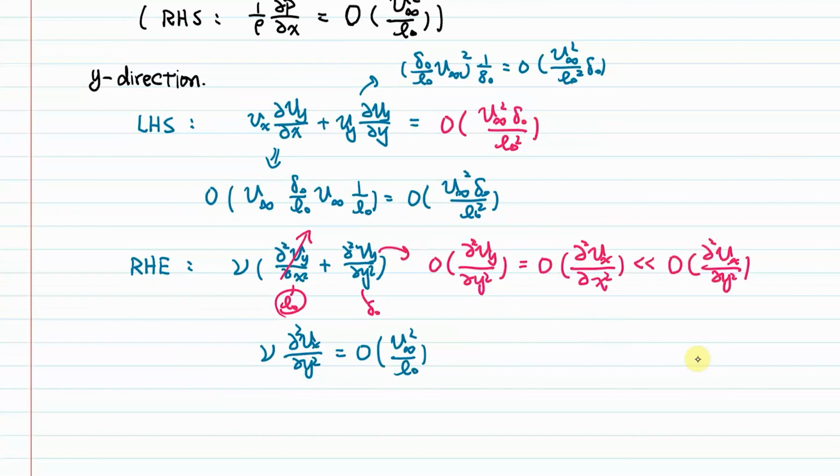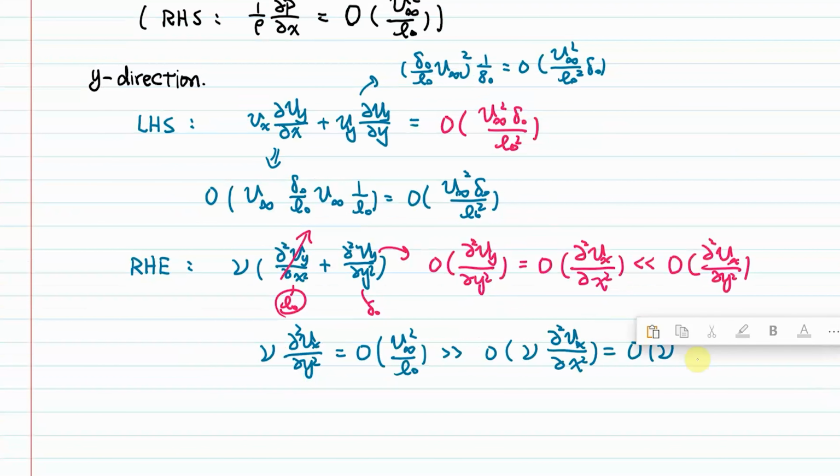And it will be much greater than the order of kinematic viscosity and partial square Vx partial x squared, which equals the order of kinematic viscosity times partial square Vy over partial y squared. Okay.